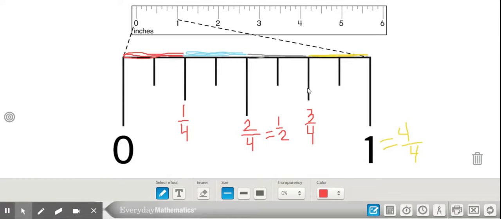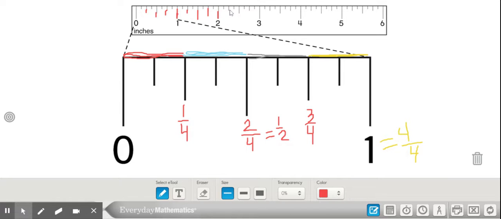And so as you think about these markings, I'm going to go back to my top ruler and I'm going to highlight these markings for you as well. So we were just focused in on this section. And so I'm going to mark, this is 1/4, this would be 2/4, 3/4, and then we have 4/4 at 1 inch. Then we have 1 and 1/4, 1 and 2/4, 1 and 3/4, or 2 inches.